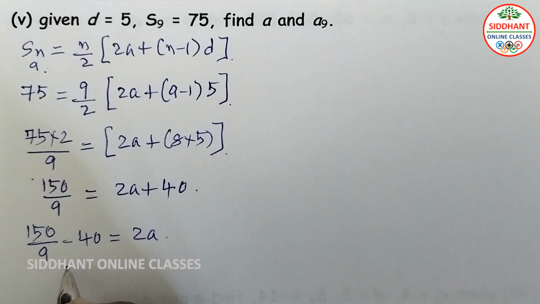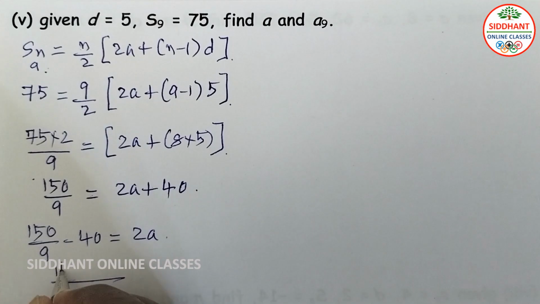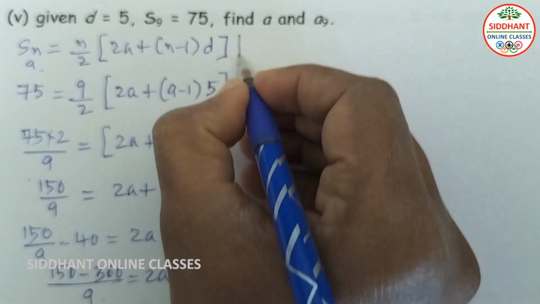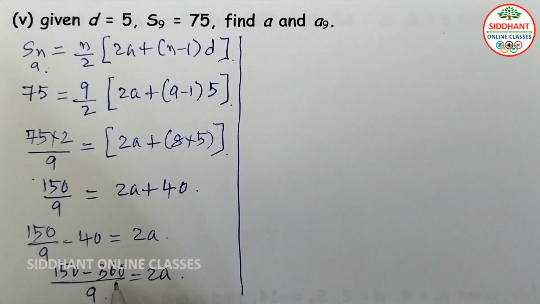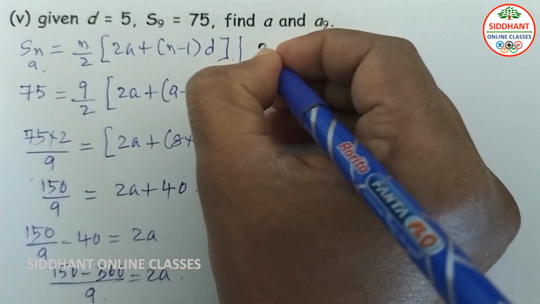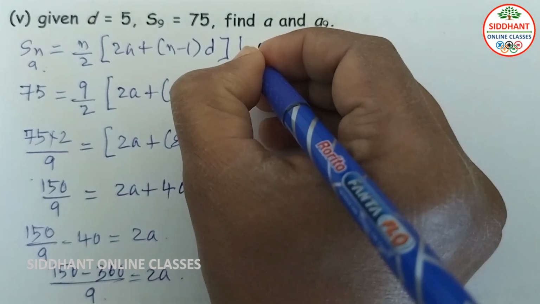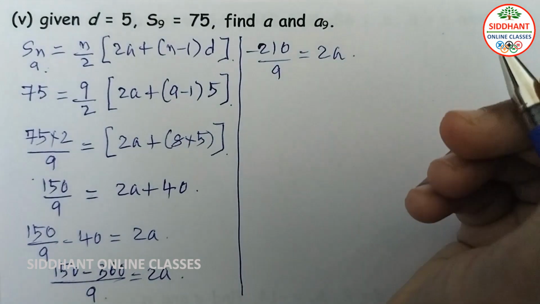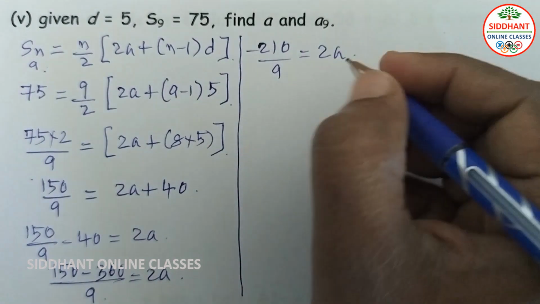So here, taking the LCM, which will be 9, we get 150 minus 9 into 40, which is 360, that equals 2a here. So 150 minus 360 will be minus 210 by 9 equals 2a here.